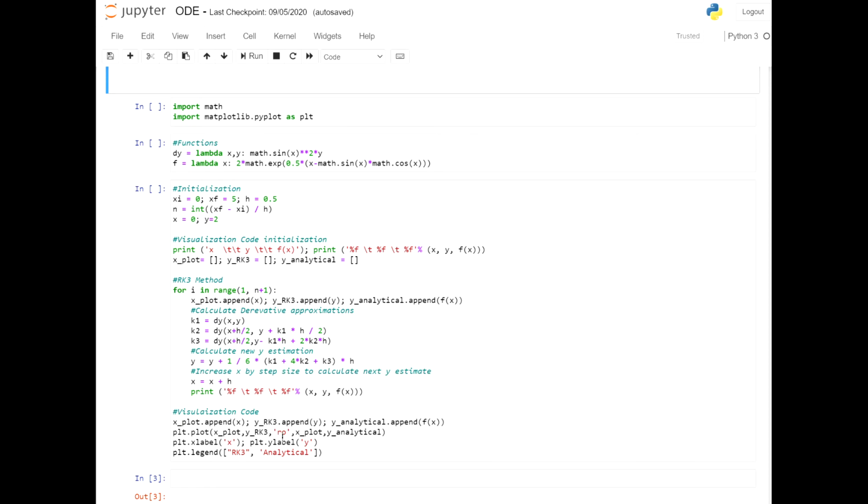I'm also giving them a theme of solid red circles. And the second xy is the xy for the analytical. Here I also added x and y labels. And in the legend, we have Runge Kutta third for the first xy and analytical for the second xy.